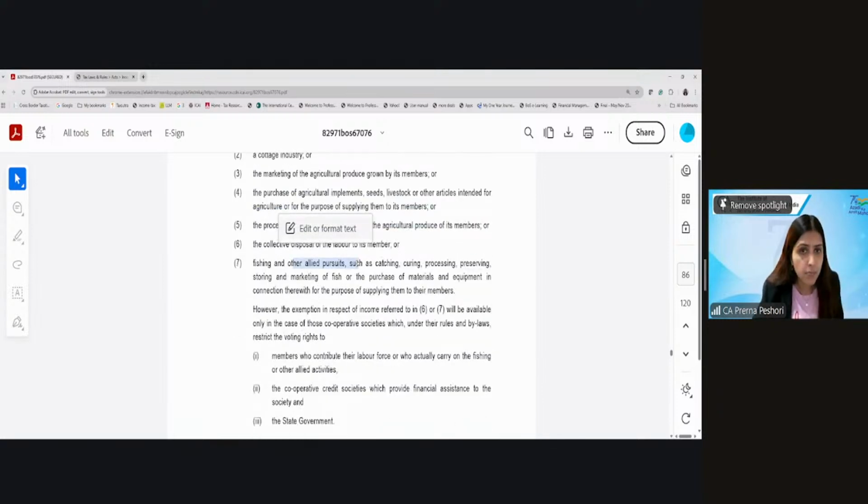In all these cases, 100% of the profits of the cooperative society are eligible for deduction under 80P.